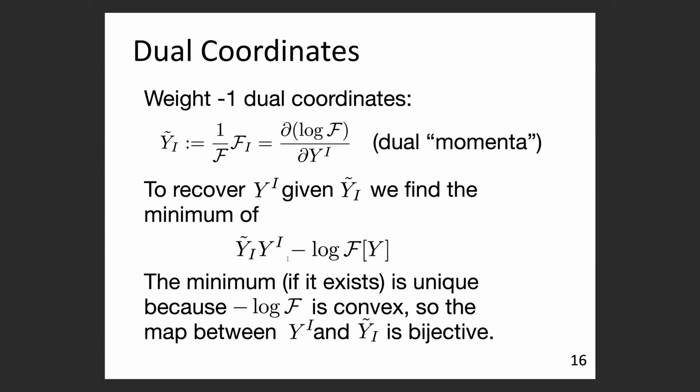Because if you put in the condition that you're at a minimum, you'll get back that y tilde is the y derivative of log f. But in fact, since this minus log f is convex, there's a unique minimum, if it exists at all. And so there's a unique y for a given y tilde, if there is one at all. So that tells me that there's indeed a one-to-one map between these coordinates.